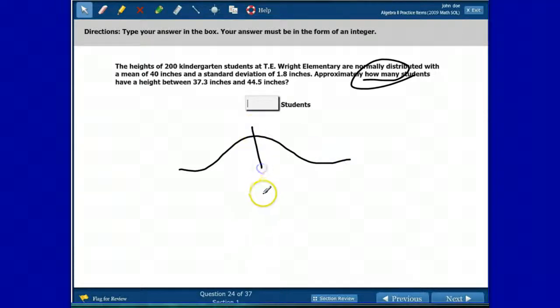Okay, here's my mean. My mean is 40, and I'm going up by standard deviations. This is 1.8, so this would be 41.8. This would be 43.6, and then the next one over is 45.4.